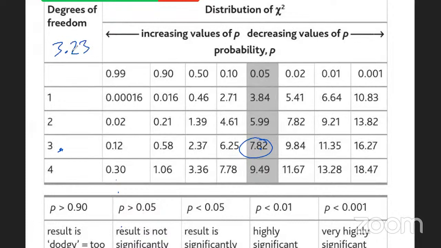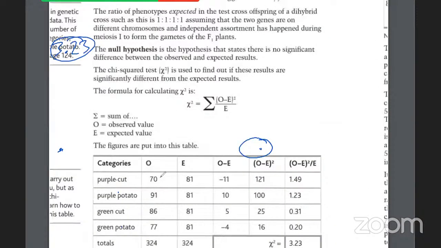So now what we're going to do is compare our answer, which was 3.23, I think it is 3 point something. Once the answer that you calculated is less than the critical value, you're going to accept your null hypothesis, which means that the difference between our observed and expected is purely due to chance.